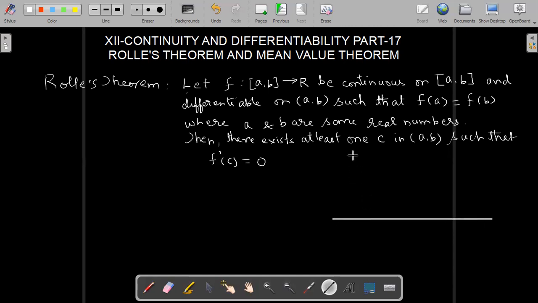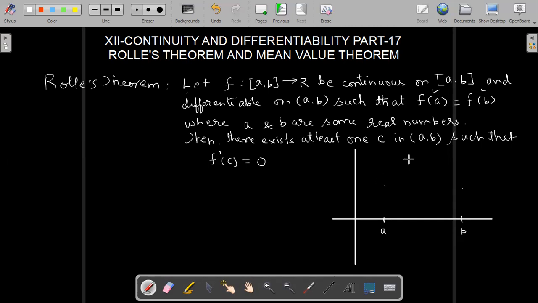Suppose this is our x-axis, this is our y-axis, and a and b are two points. Here, this is the point a and this is the point b. They said the curve starts at this point and will end at this point, as f(a) is equal to f(b).